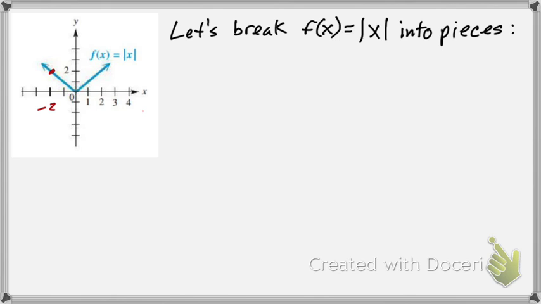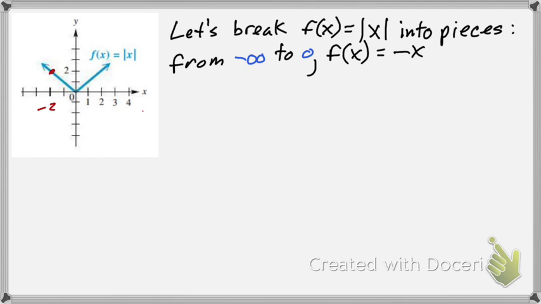So could I write it like this? For this left-hand side, from negative infinity to 0, f of x, that is my whole function over there, is just negative x. So if x is negative 1 million, y is positive 1 million. Okay?